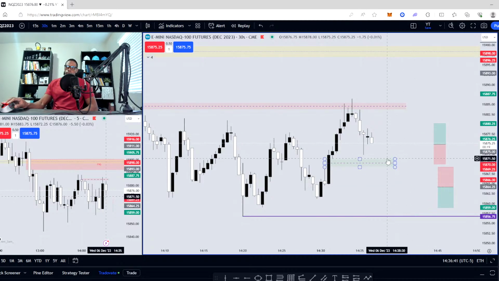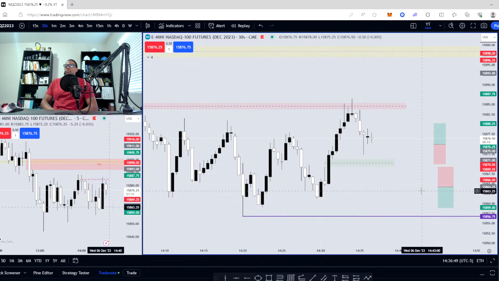We get a candle to touch the fair value gap, we'll have this low swept in this process, and then we can see higher prices and look for a long setup.